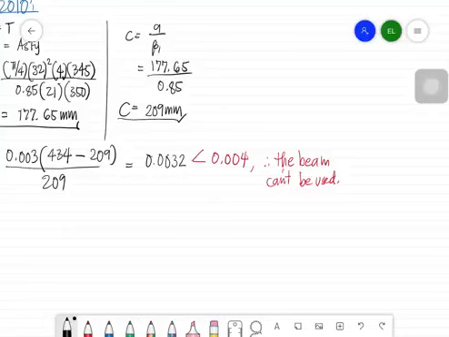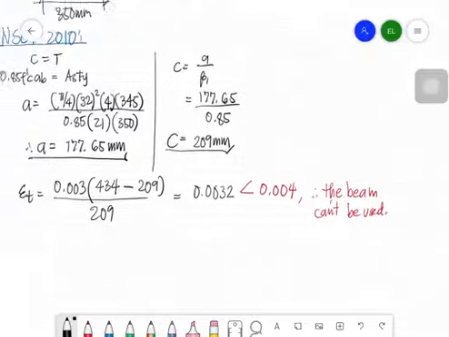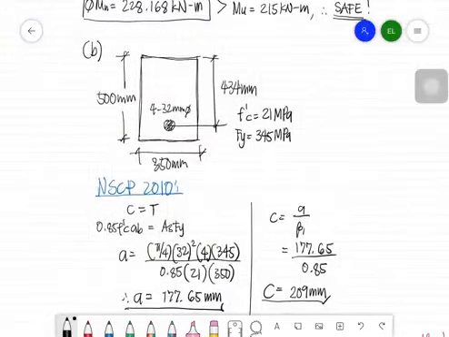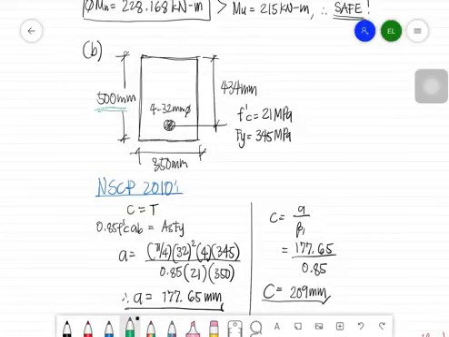what kind of condition it is, either tension controlled, compression, or transition region. But in an actual situation, when it doesn't pass the ductility requirement, then maybe you need to vary some of the properties of your beam. You may increase the height, or add some bars to it.